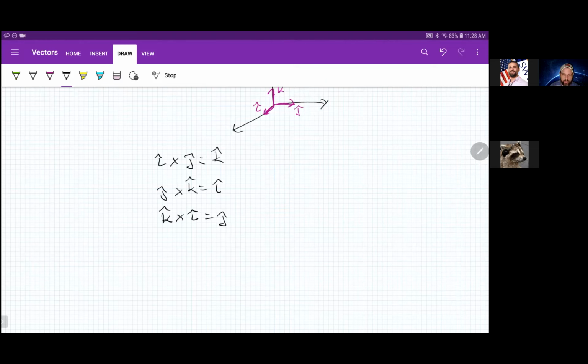So j hat crossed i hat is going to be equal to negative k hat. k hat crossed j hat is going to equal negative i hat. And i hat crossed k hat is going to equal negative j hat. Right?